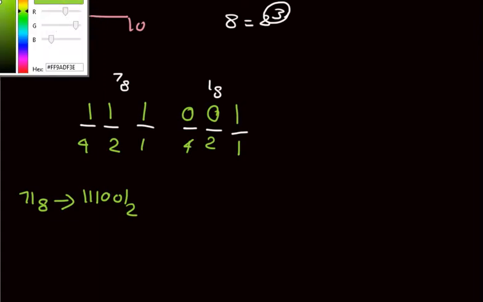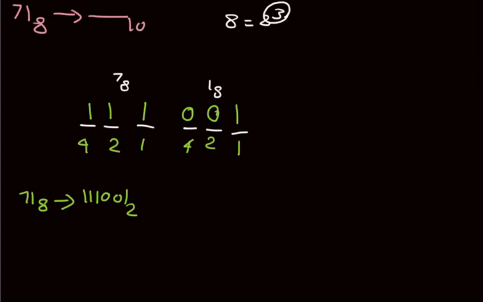Now, if I want to convert this into decimal number, I can easily put the 1, 2, 3, 4, 5, 6. So I have 6 places. So this is 2 to the power of 0, 2 to the power of 1, 2 to the power of 2, 2 to the power of 3, 2 to the power of 4, and 2 to the power of 5.